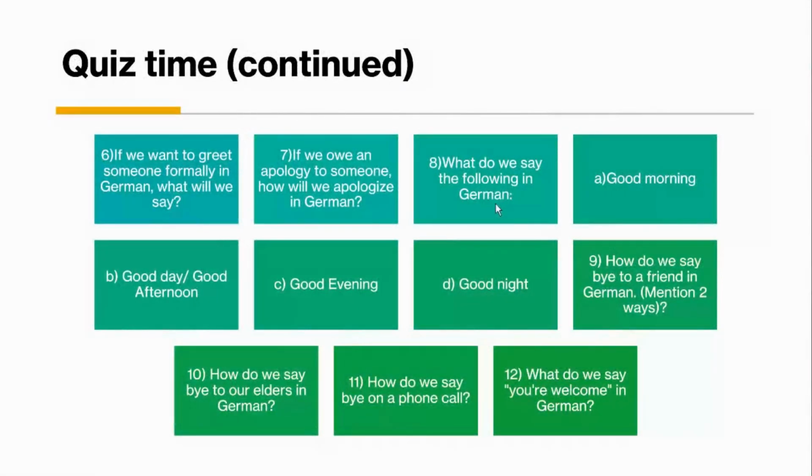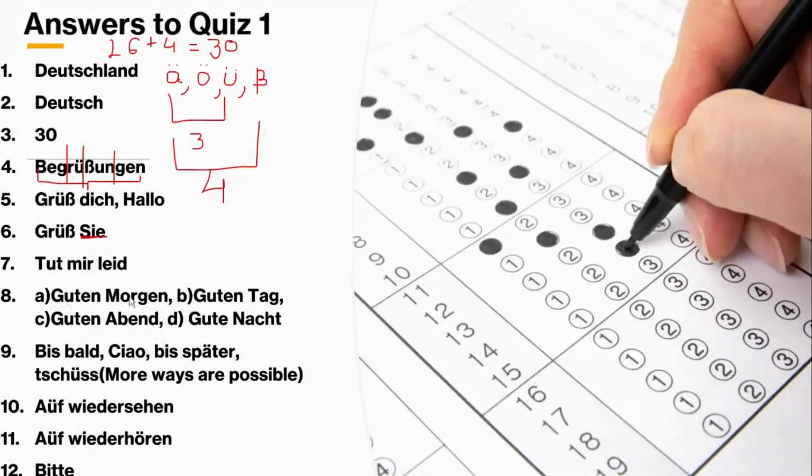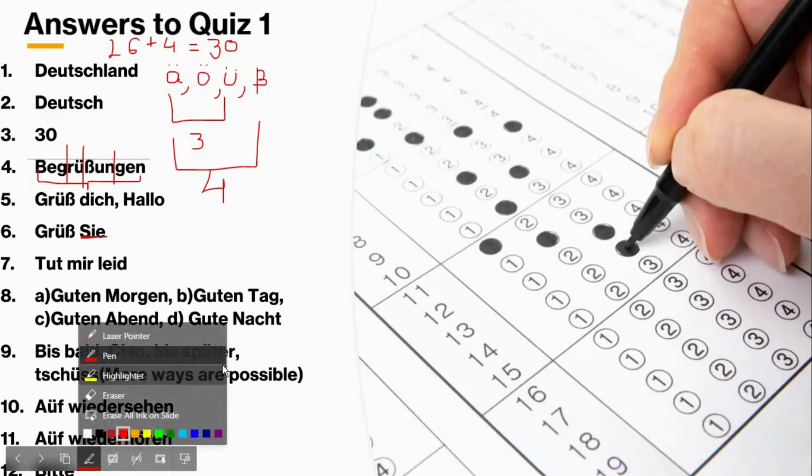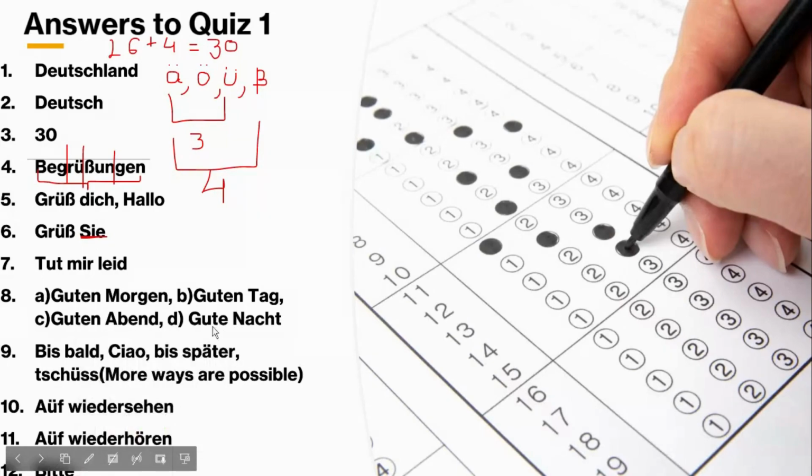How do we say the following in German? Good morning is Guten Morgen. Here's the spelling, Guten Morgen. Good day or good afternoon is Guten Tag. Good evening is Guten Abend. And good night is Gute Nacht.